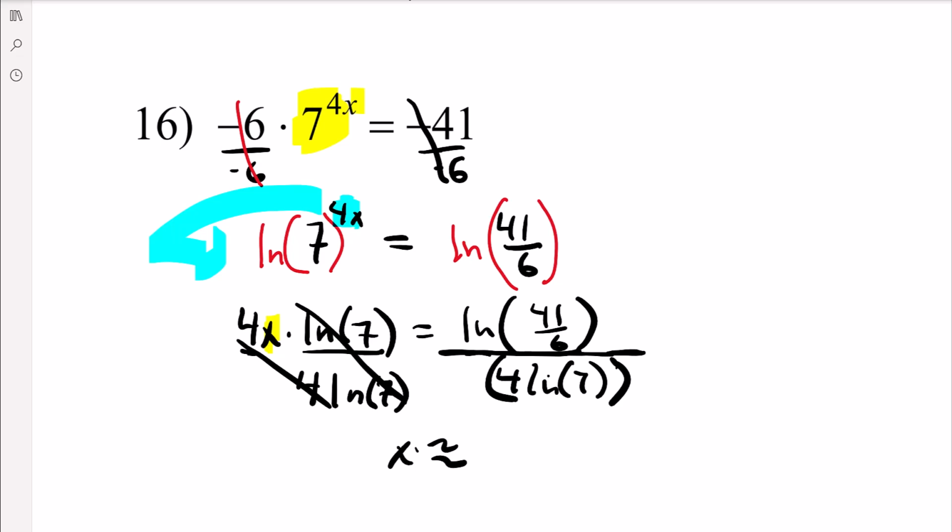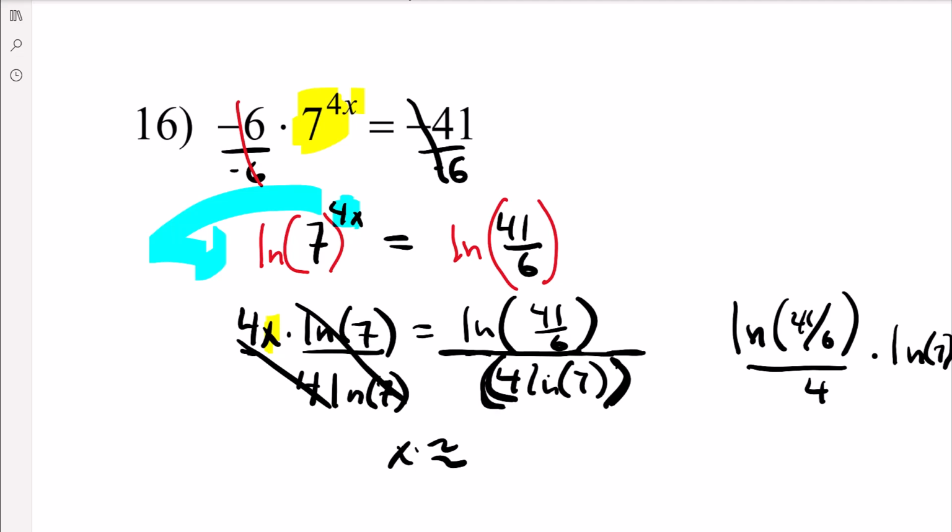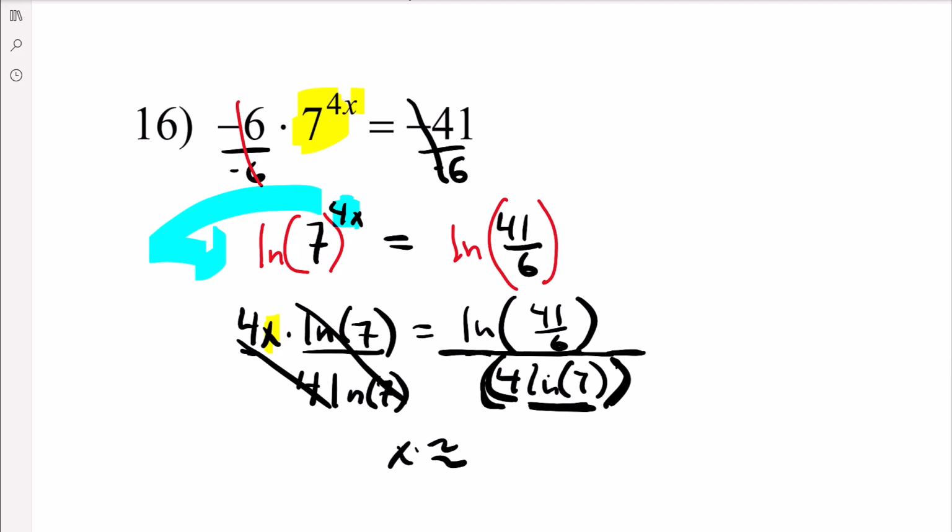What happened is, when the parentheses aren't there, it interpreted it as this. Well, that's not what we want. So we need the calculator to know that whole thing is being divided. And that is about 0.2469. That's why calculator skills are very, very key.